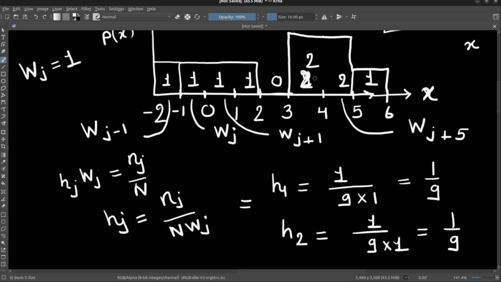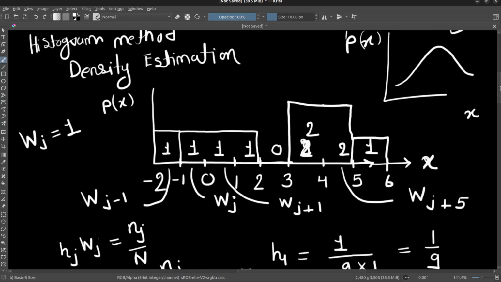Okay, so this is our probability distribution function. We have plotted this now, and because our samples are less, that's why it is looking like this. Okay, so this upper surface, upper curve.